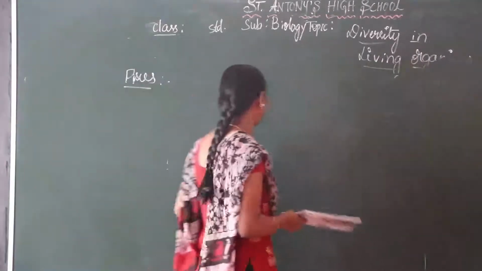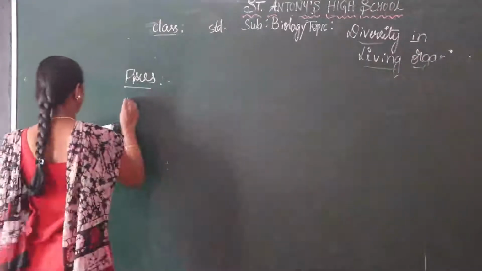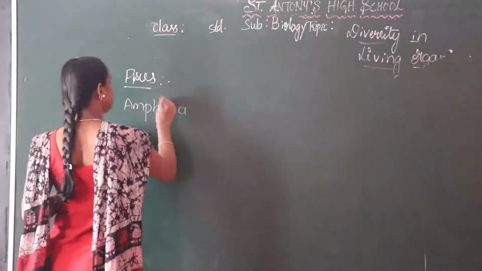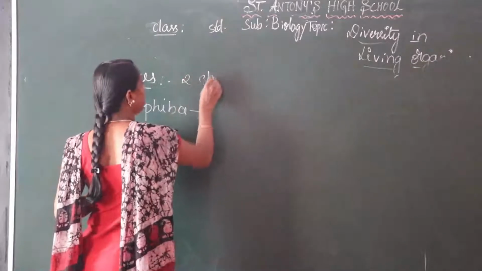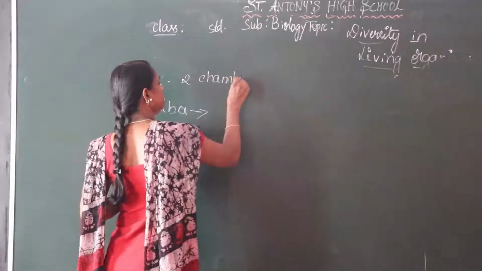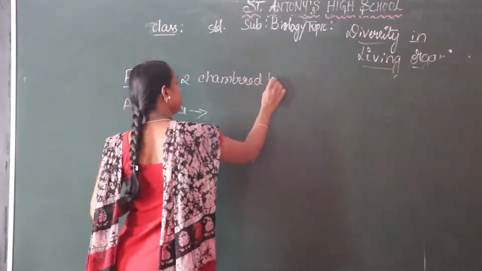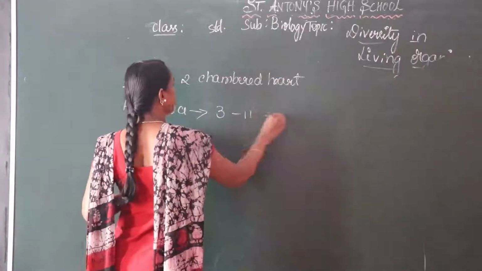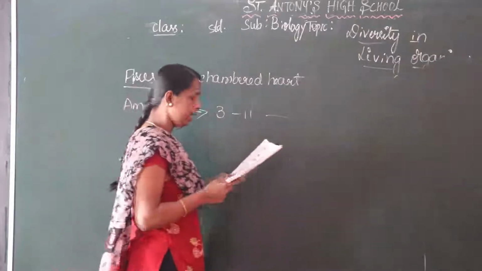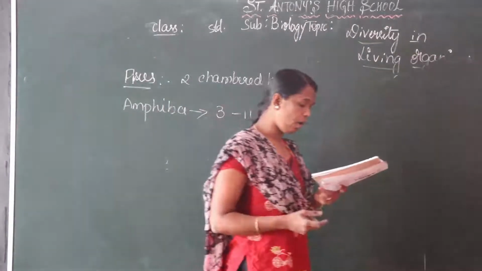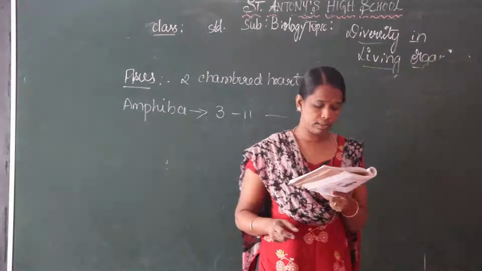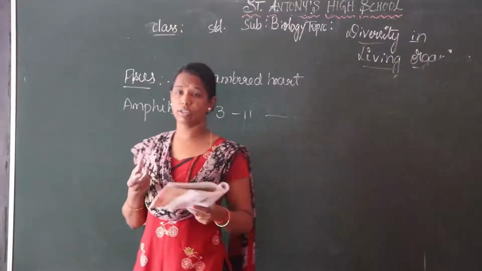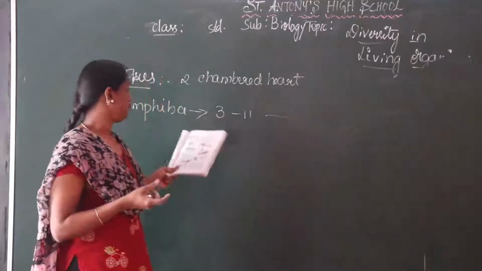Usually these amphibians have a three chambered heart. Pisces have a two chambered heart, and the four chambered heart is found in higher animals. Examples for amphibians are frogs, toads and salamanders.